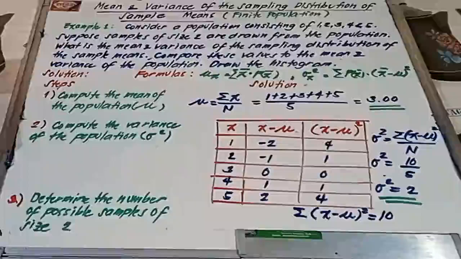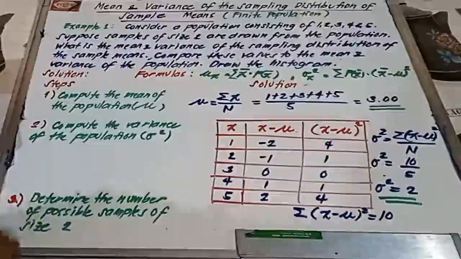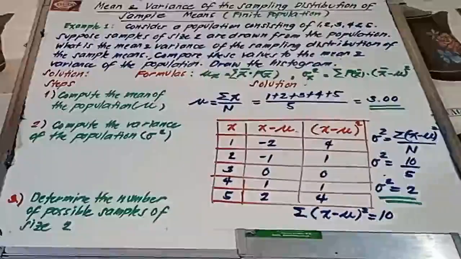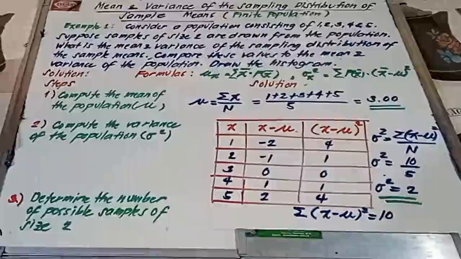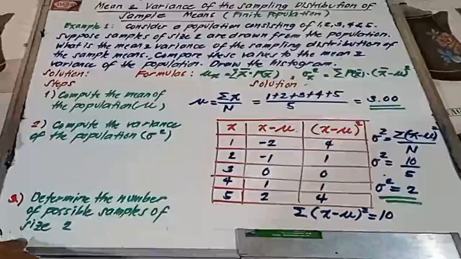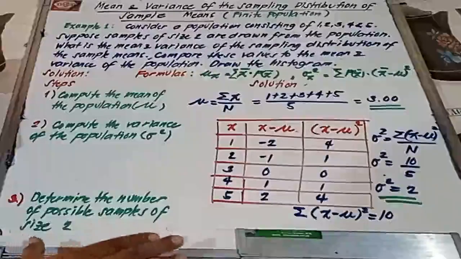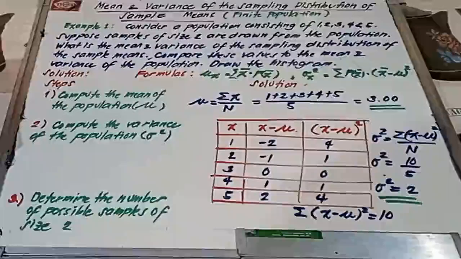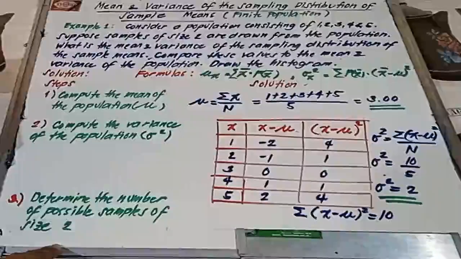And later on, compare natin yung mean and variance of the sampling distribution dun sa ating mean and variance of the population. Next is step number 3. Kailangan mag-construct tayo ng ating sampling distribution kasi para makuha natin yung mean and variance. And the first step na natutunan ninyo na rin dun sa ating first lesson is to determine the number of possible samples of size 2.